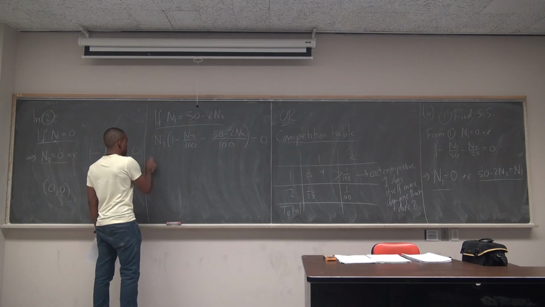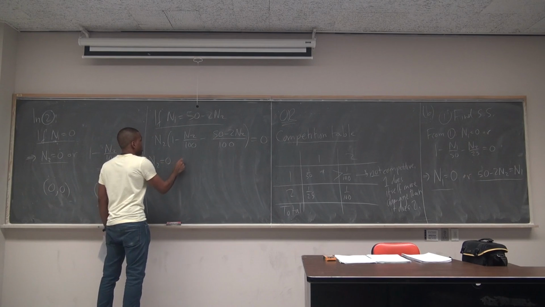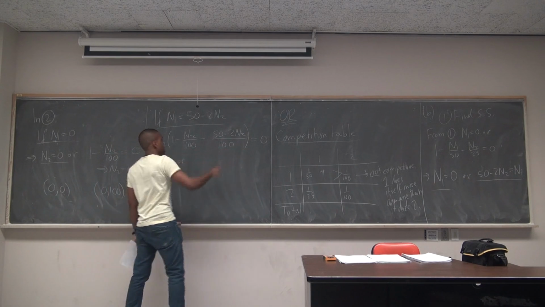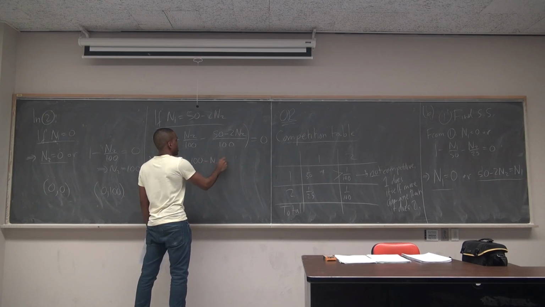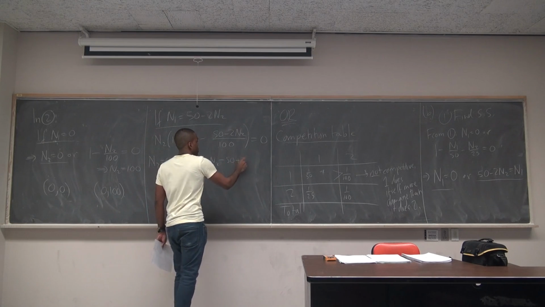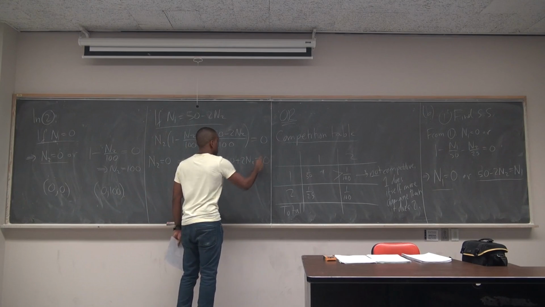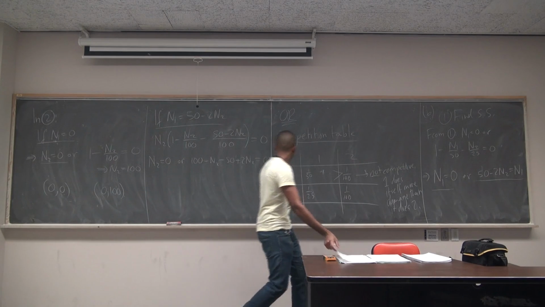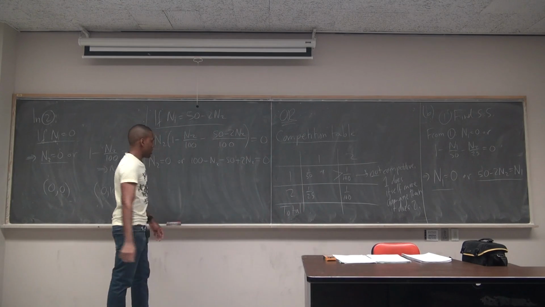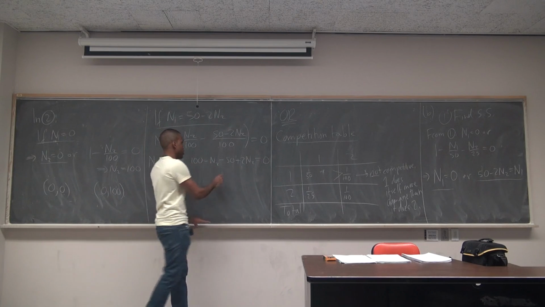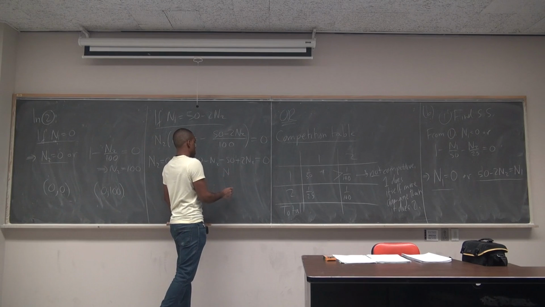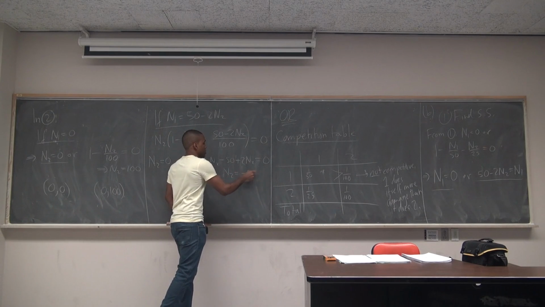Okay, so then N2 equals 0, or this equals 0. I can multiply through by 100: 100 minus N2 minus 50 plus 2N2 equals 0. From this, 2N2 minus N2 is N2, and then I have 50 here, so N2 is minus 50.